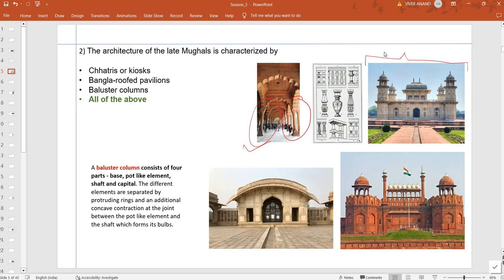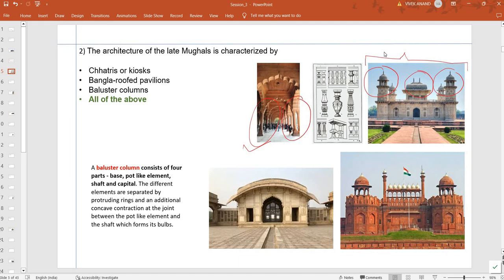What elements can you see? Chhatris and kiosks. And anything else? Bangla roof. Yeah. So these are chhatris, and this is one of the styles of Bangla roof.